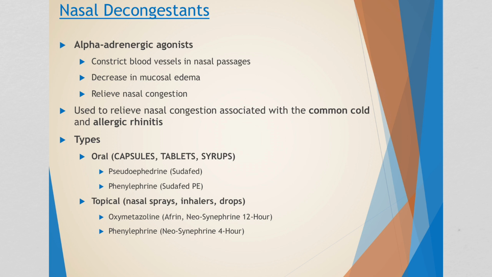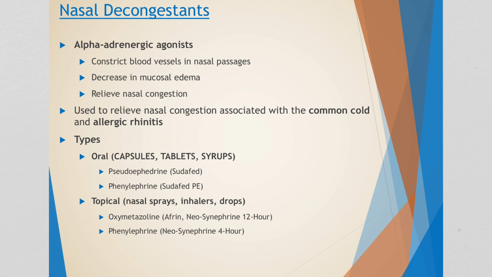Now, we also have topical nasal sprays, inhalers, and drops that a patient can use. So Afrin would be an example, an over-the-counter example of a nasal spray that patients can use. And then you can also have phenylephrine, which can also be a prescription nasal-based type of decongestion. So if we think about it this way, decongestion can happen systemically, right?